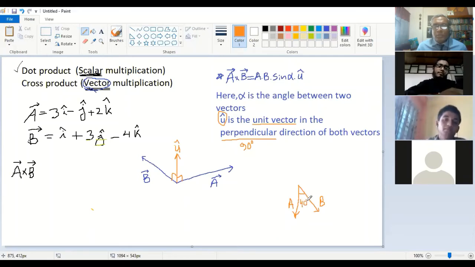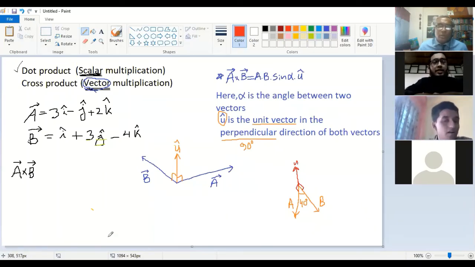But what about the third angle, my u vector direction? The u direction is always 90 degrees with both, not just one of them. One is 90 degrees like this and another is 90 degrees like this.